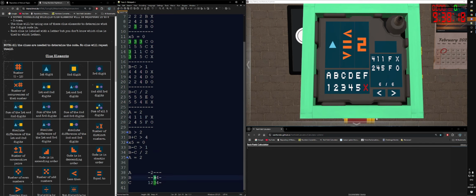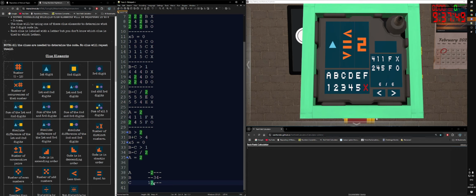Meaning that if this were a 3 and this were a 3, this rule would be false. If this were a 3 and then a 2, or a 3 and a 4, or a 4 and a 3, this would also be false. Meaning that basically any case with the third digit being a 3 or a 4 would result in false. Meaning that it cannot be these two.